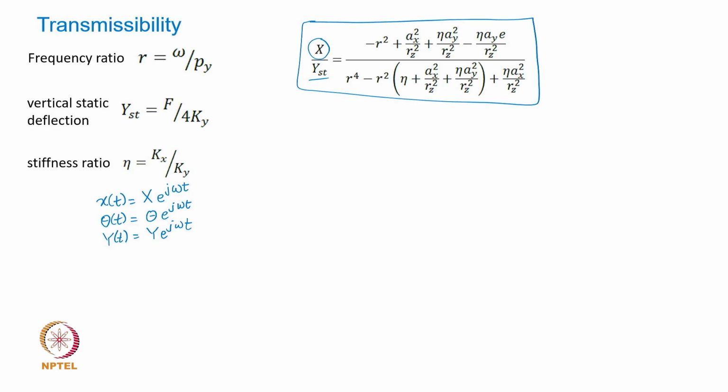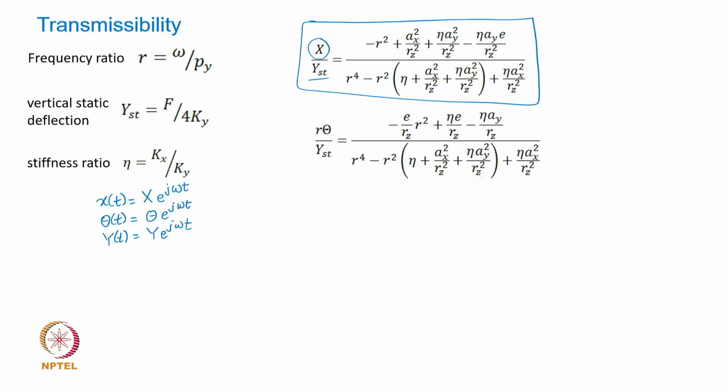Now the common parameter would obviously be the frequency ratio, right? Let's see what we plot. The other expression for theta would be this. For y, we don't have to worry about y, because you know what kind of an expression we are expecting for y over yst.